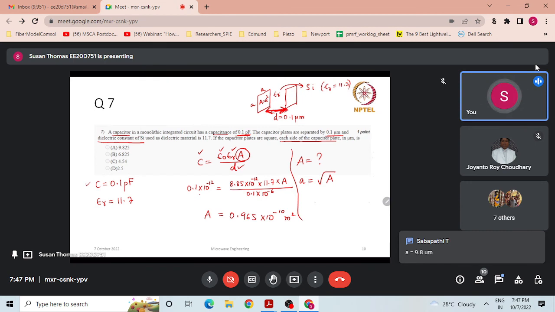Right, that's a right answer. Thank you for responding. So the square root of this will be 9.82 micrometers. If you just notice, the unit is micrometers, so you have to please note such kind of hidden things in the question, so that you will be able to answer the question properly. So this is the final answer, 9.825 micrometers.